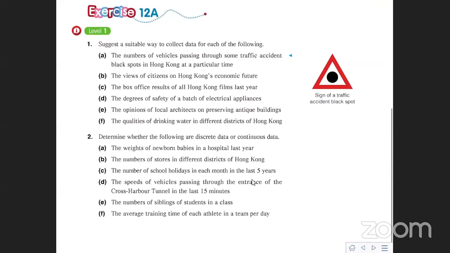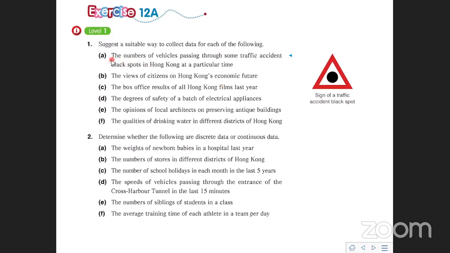Now for exercise 12A, I think you can just do it by yourself and then check the answer, because that doesn't involve any calculation. But if after you have checked the answer you find anything that you are not clear, then you can ask me.